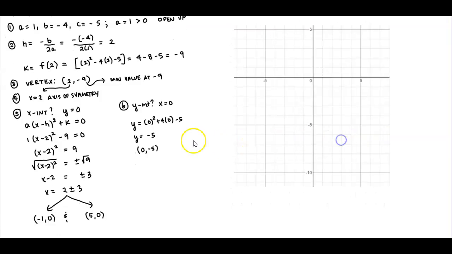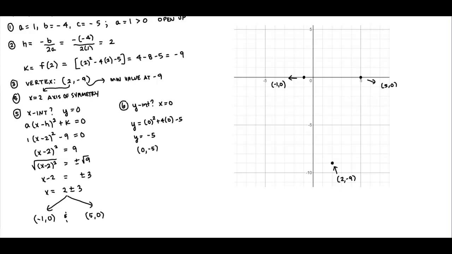So now that we can graph this, we can determine that the vertex is located at 2 and then -9. So there is our vertex at 2, -9. And then we have our x and y intercepts. We have an x-intercept at -1, 0. We also have another x-intercept at 5, 0.